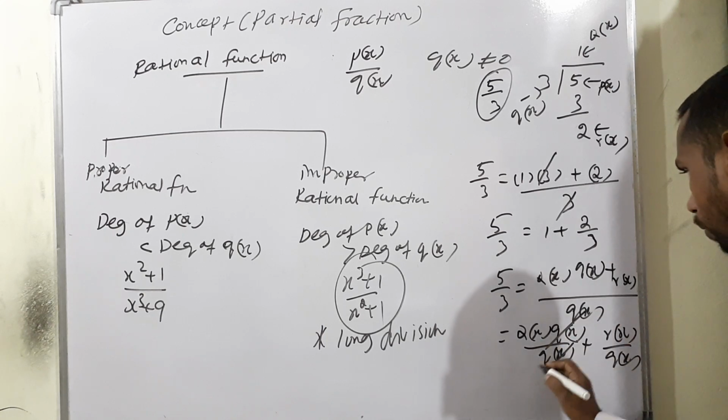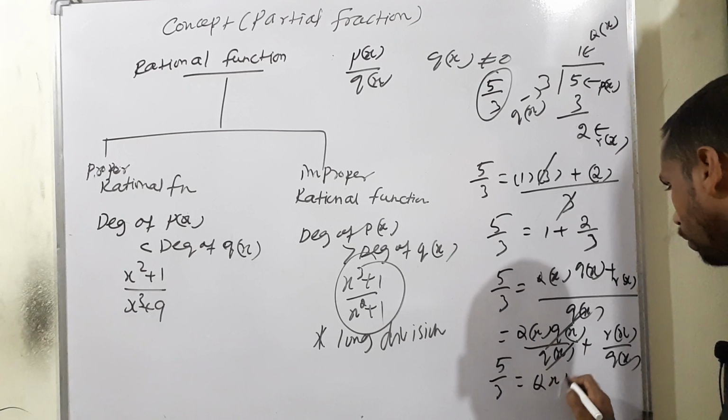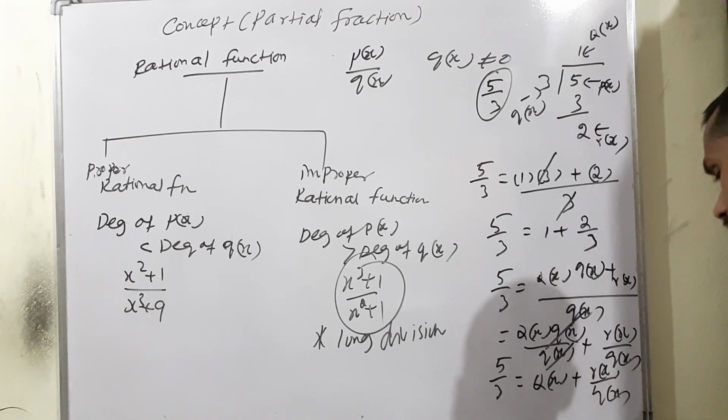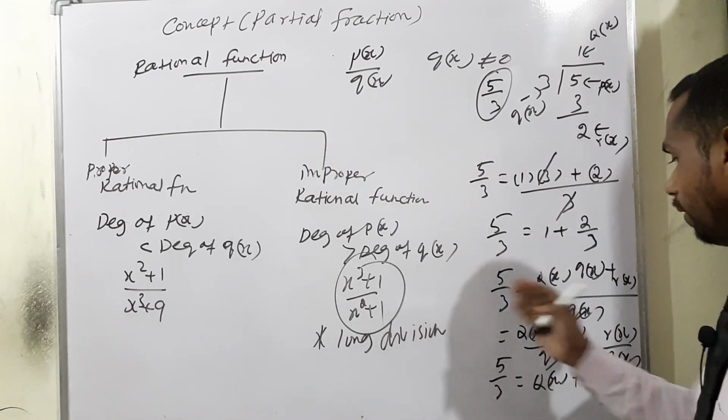Therefore, small q of x cancel. So this is actually the Q plus r by q form. So after converting to a proper rational function, then we can apply.